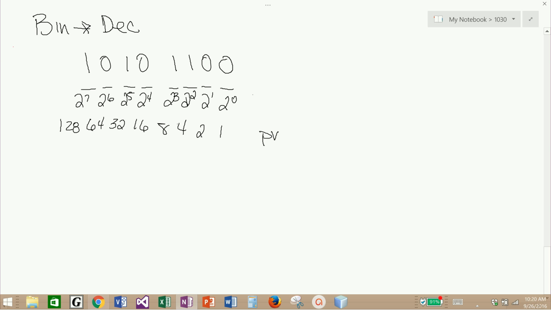The next thing that I'm going to do is multiply by the value that is sitting in that place. So the first one will be 1 times 0, 2 times 0. And then I'm going to add them all together.